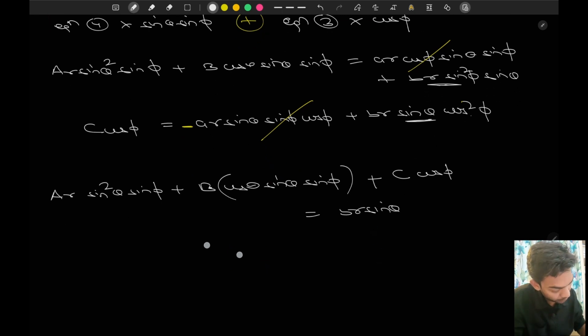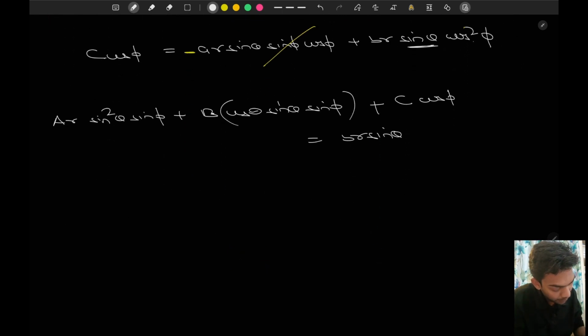And from here you can see that we have expressed b in terms of capital A, capital B and capital C. So let me express b.